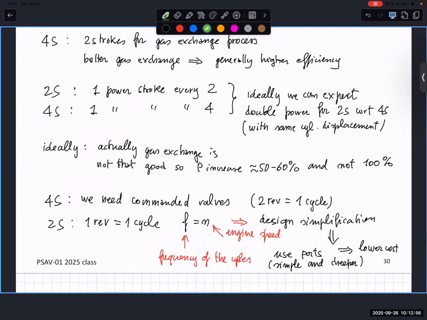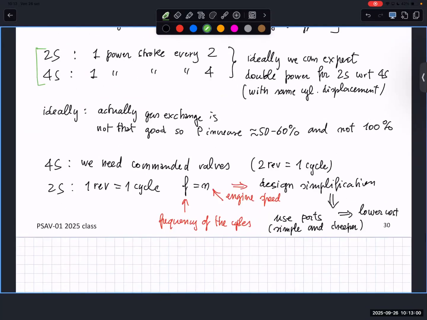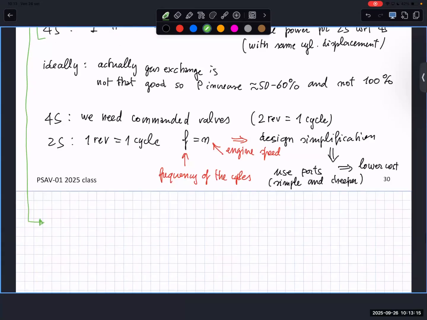So let me say, one power stroke every two, or one power stroke every four, determines that I have a better torque uniformity for a two-stroke engine.